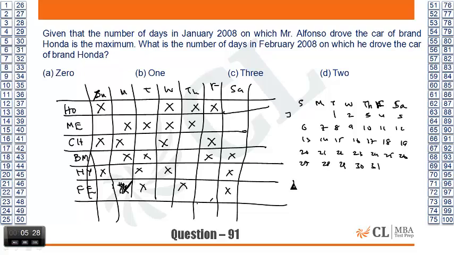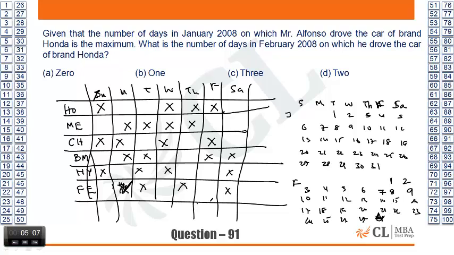Now February has to start from Friday. 1, 2, 3, 4, 5, 6, 7, 8, 9, and so on up to 28, 29, leap year, 29.